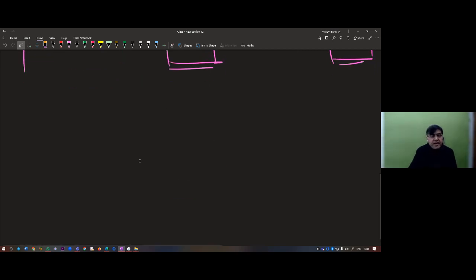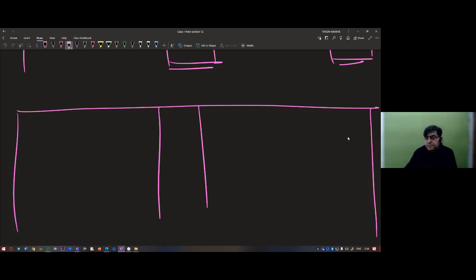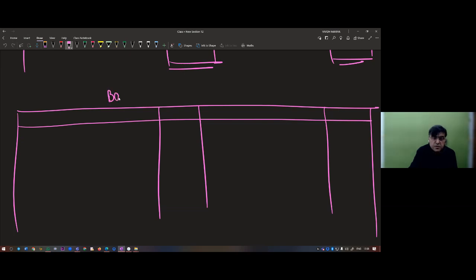Now we make the balance sheet, assets and liabilities. Guys, it's a matter of revision for you, so please revise, do it fast.